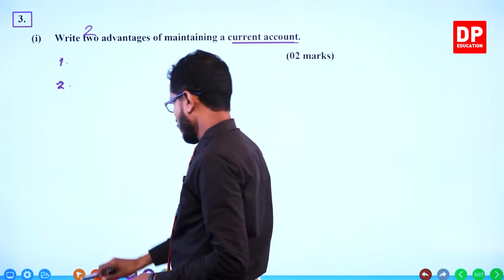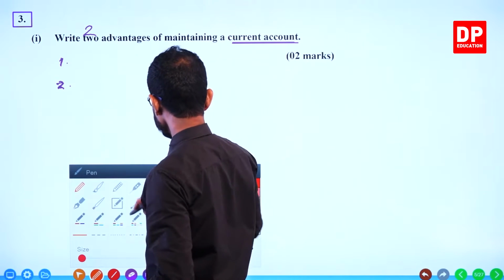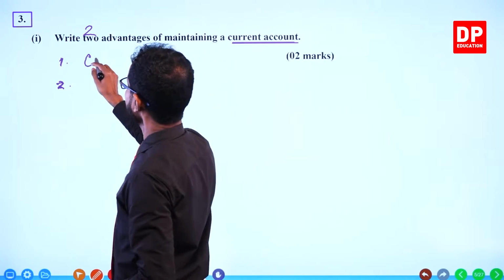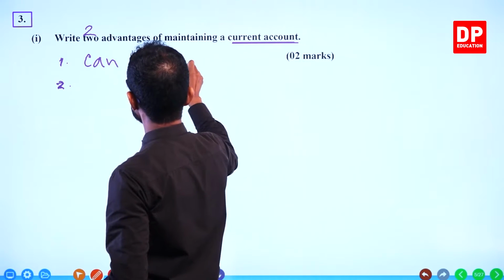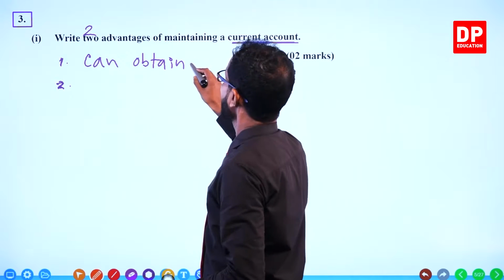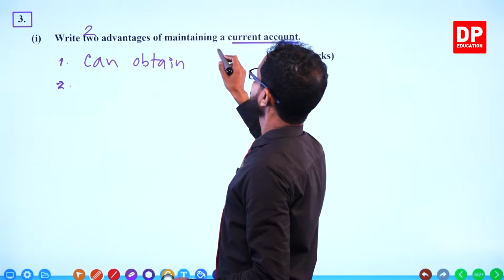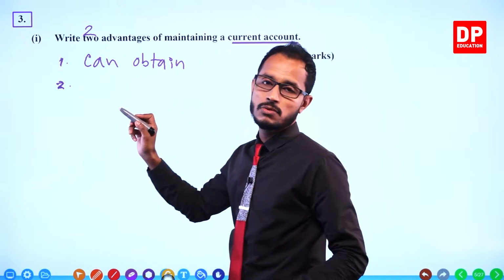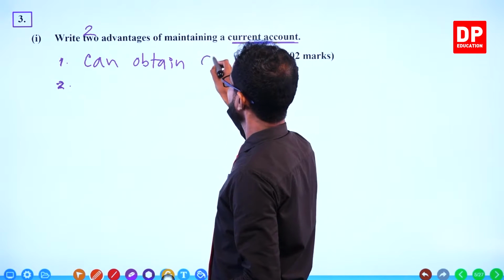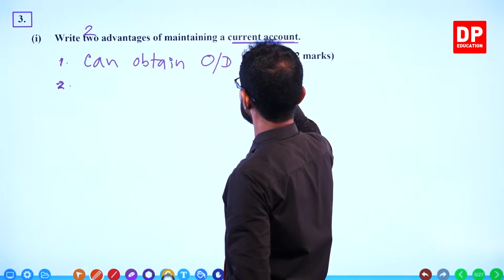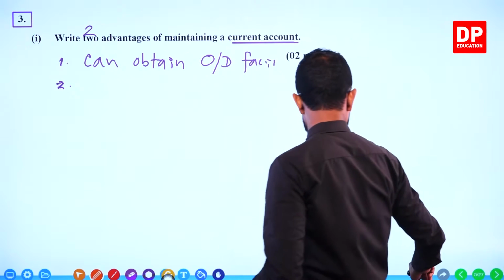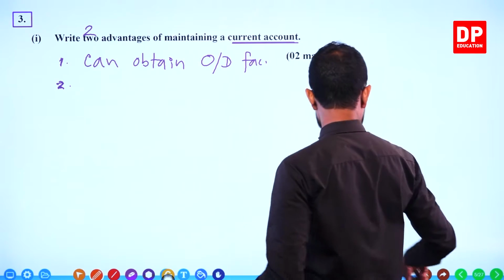Current account. Okay, first one, you can obtain OD, overdraft facility.